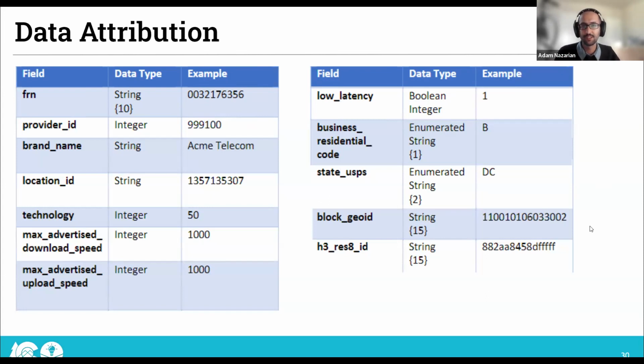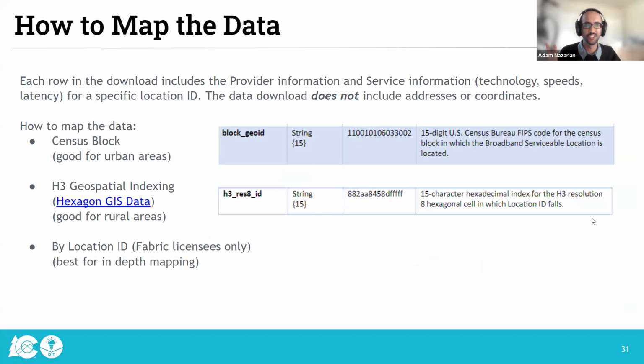So how can we use this? Or what do those three geography indicators let you know? First off, if you have access to the fabric in an area, I would definitely go by the location level. So that's going to be the best for in-depth mapping.